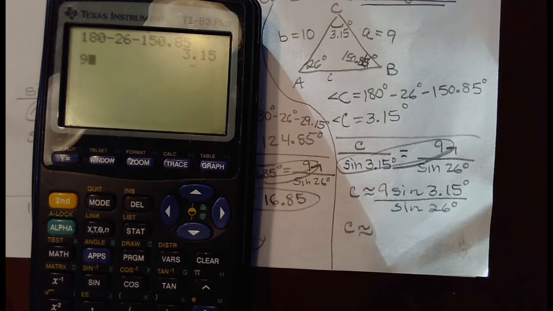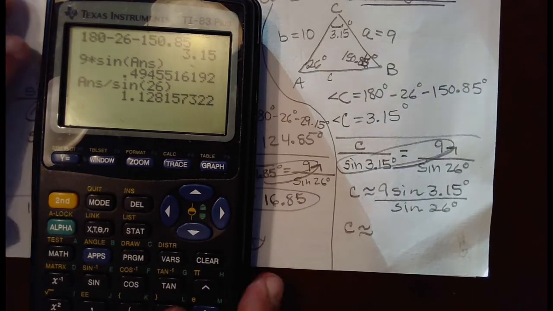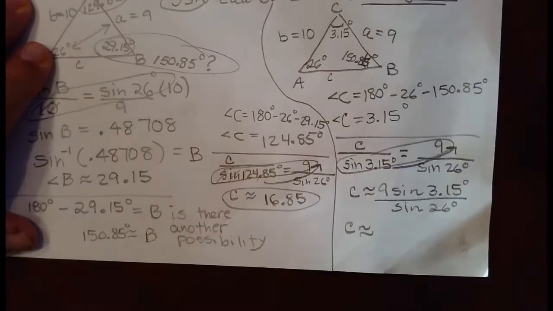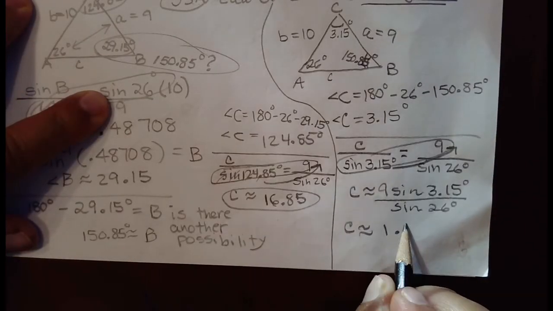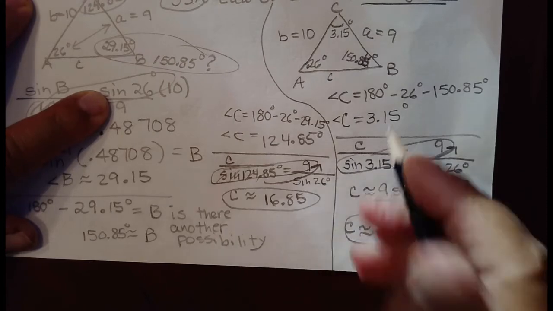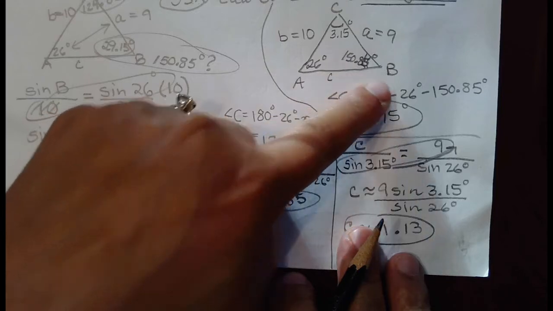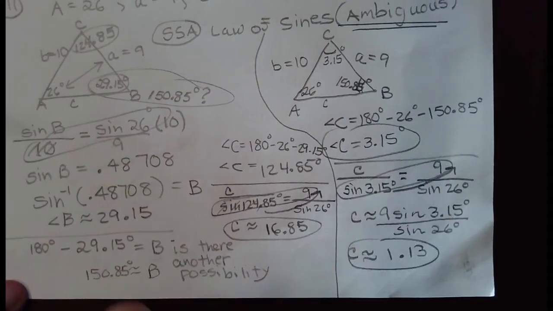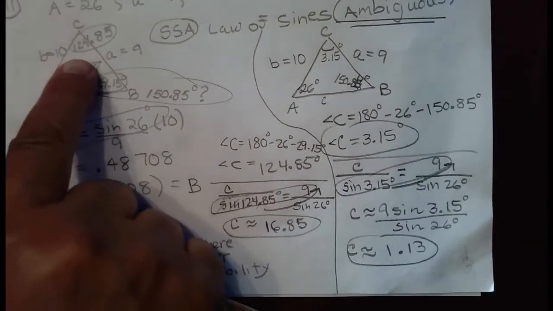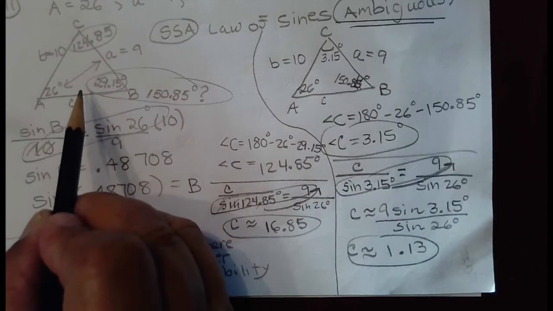Okay, so we found side C and angle C based on 150.85 degree angle B, and here we found angle C and side C based on a 29.15 degree angle. So this is called the two solution case, which for number 11 would be, there's only one possible choice, B right here, and then you just fill in all the answers.